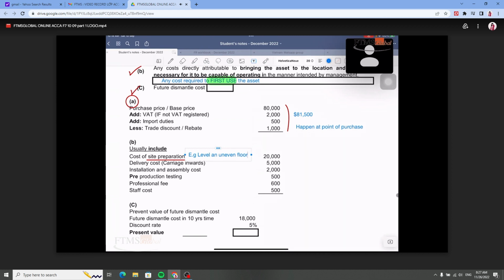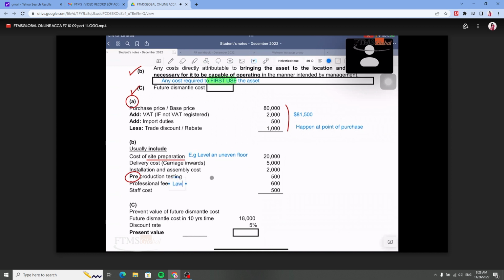Okay, so of course that will include delivery cost, I already told you, you incur before first use. Then next we have installation, just spoken. Installation before first use. Then pre-production, the keyword of course is pre. Pre means before you first use. Then professional fee, example of course will be a lawyer fee.